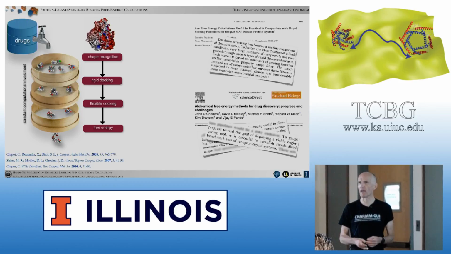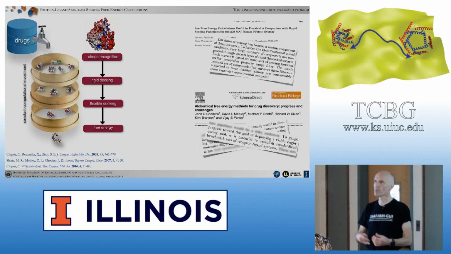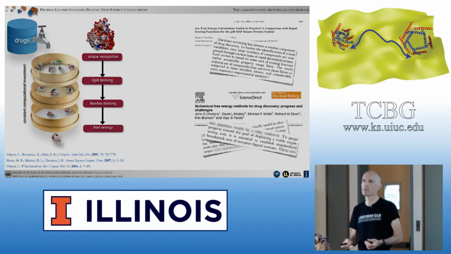Just like you have the CASP exercise, where you try to predict protein folds, in SAMPL you try to predict binding affinities. Like if I give you a protein and a number of drugs, and I ask you to rank these drugs according to the binding affinity towards the target, you give me your answer, and then you publish the results, and whoever is closest to the correct ranking wins the prize.